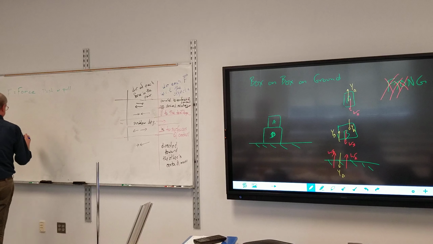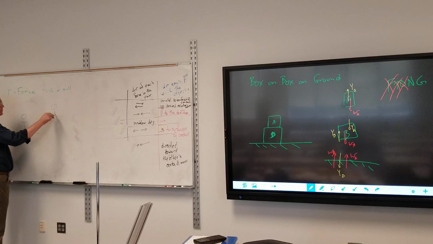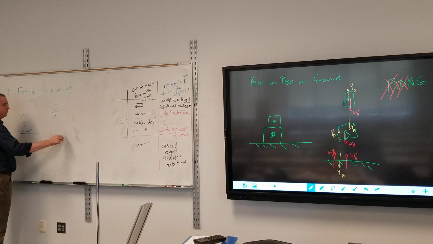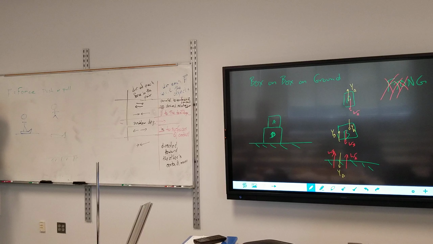All right, application. I got ground, I have an analog scale, and I'm standing on the scale. Let's do the force diagram. I got a person, I got a scale, and I got the ground. What does the force diagram look like? Basically exactly the same as that one, right?